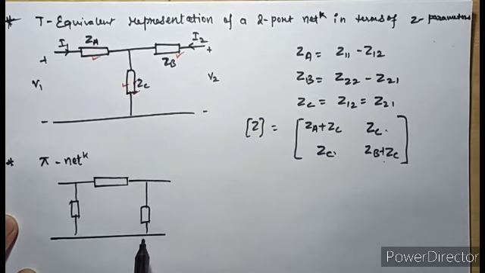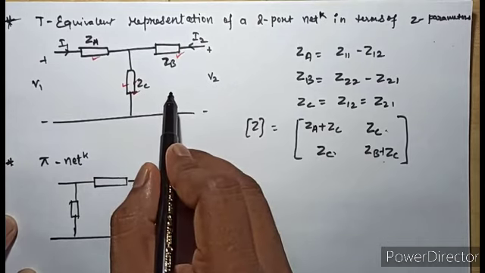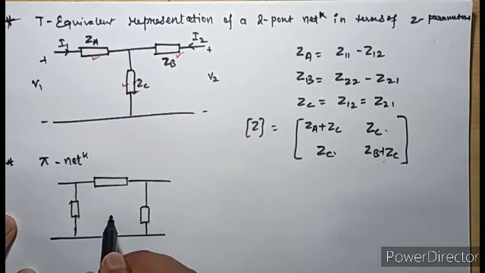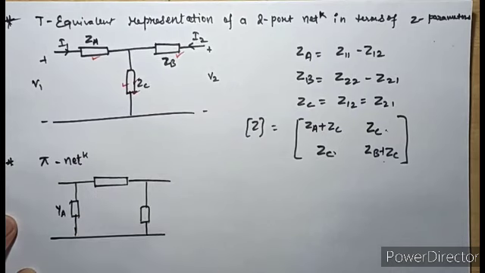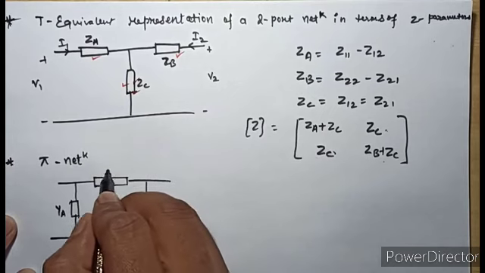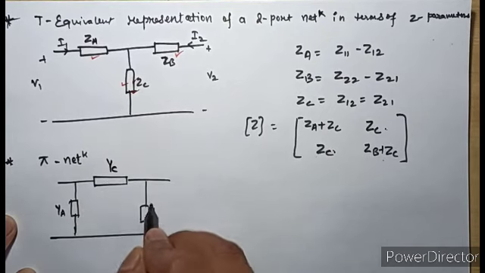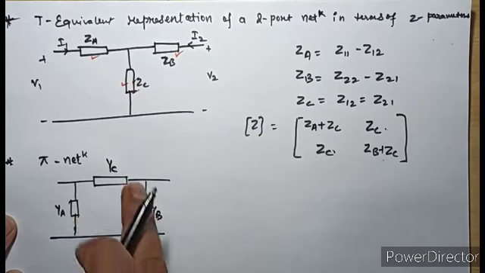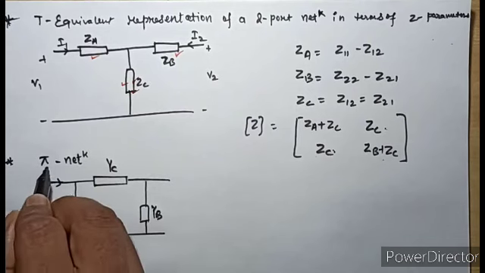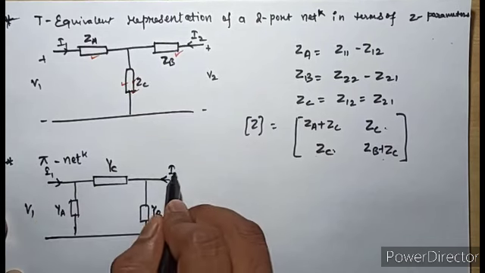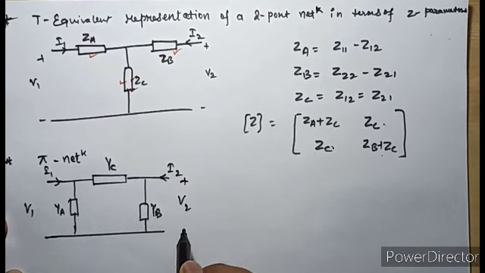This network is also called the delta network, and the other one is also called the star network. If this is our YA, this is YC, and this is YB. These are the admittances, right? And this is our V1, I1, I2 and V2.